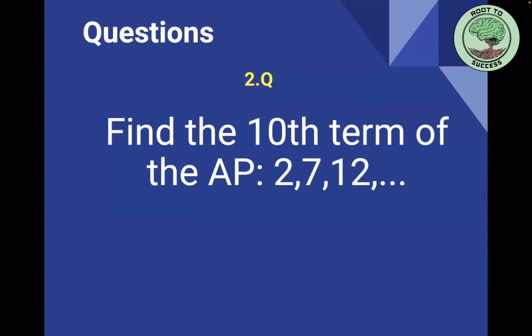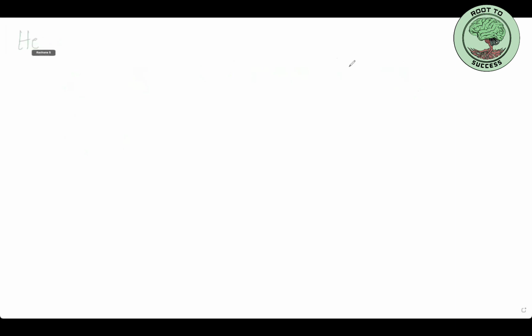The next question is, find the 10th term of the arithmetic progression 2, 7, and 12. So here A will be 2 and D will be 7 minus 2, that is 5, and n will be 10 as mentioned in the question, that is the 10th term of the arithmetic progression.